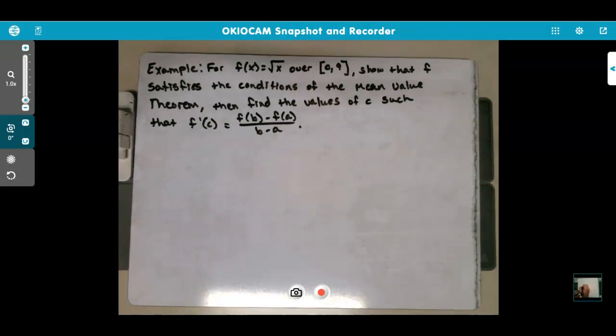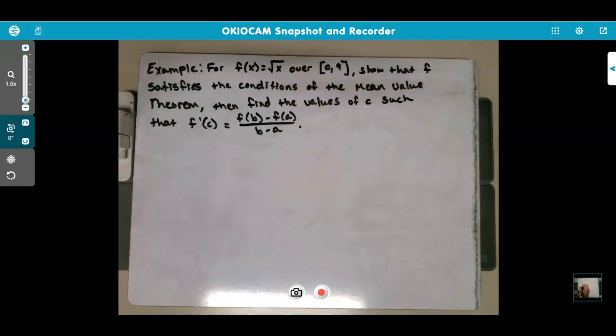Then find the values of c such that the derivative at c is equal to f of b minus f of a over b minus a. So remember, the only thing I need for this one is that it is continuous and differentiable. Well, the only domain restriction I have on the square root of x is that x has to be greater than or equal to 0 because it's the square root, right?